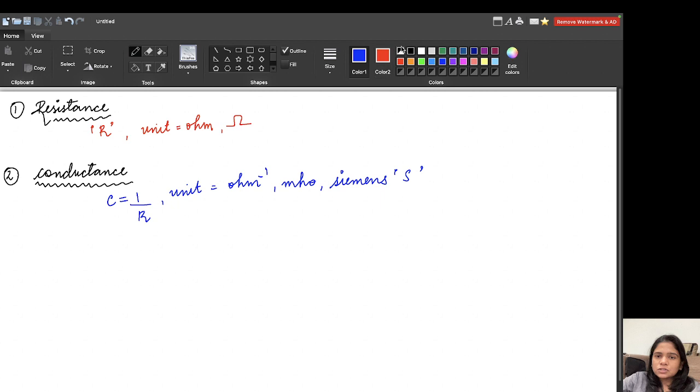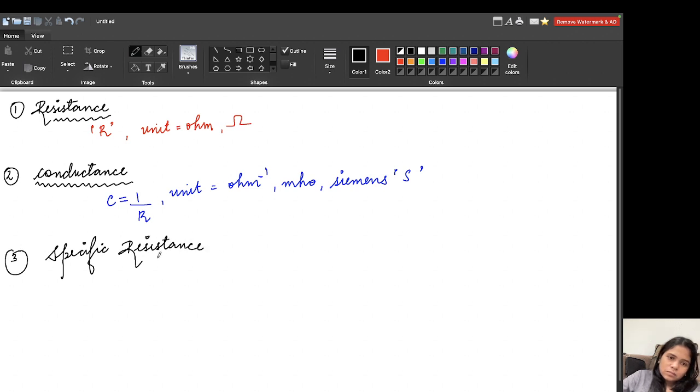The third thing which you need to remember is specific resistance or resistivity. Both are the same thing. Now what is this actually?